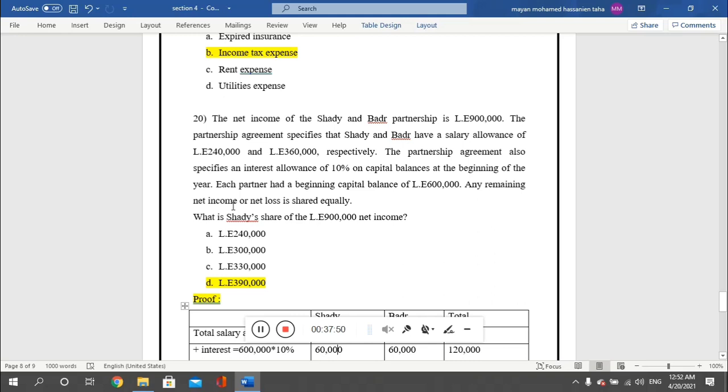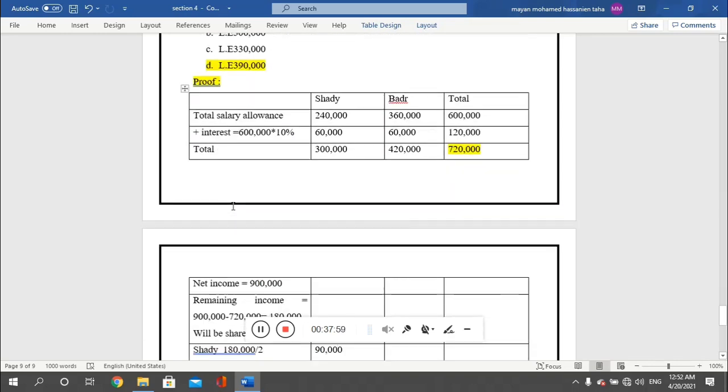So what is Shadi's share of the 900,000 livre Egyptian of net income? So let's make our table for dividing net income, and each partner will have a column in order to show his share, and there is a separate column for the total amount and a first column for the explanation.